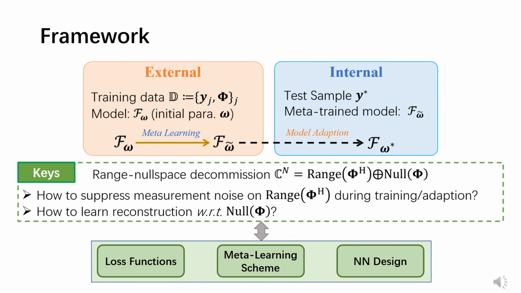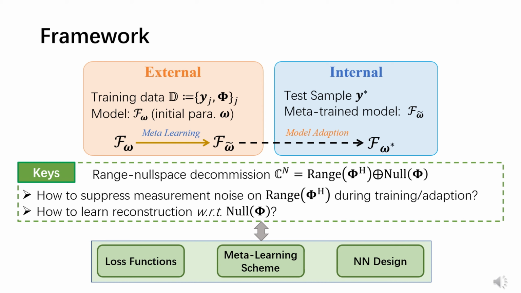Given a training dataset with only measurement samples y_j and the measurement matrix phi, the framework of our proposed approach includes two stages. First, train a model via meta-learning using only CS measurements. Second, adapt the meta-trained model to a test sample to exploit internal characteristics. According to the range null space decomposition, the challenges here are twofold.